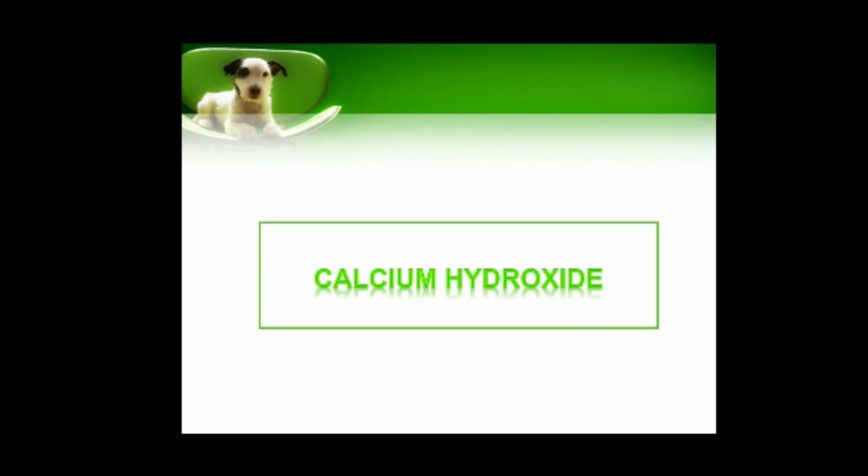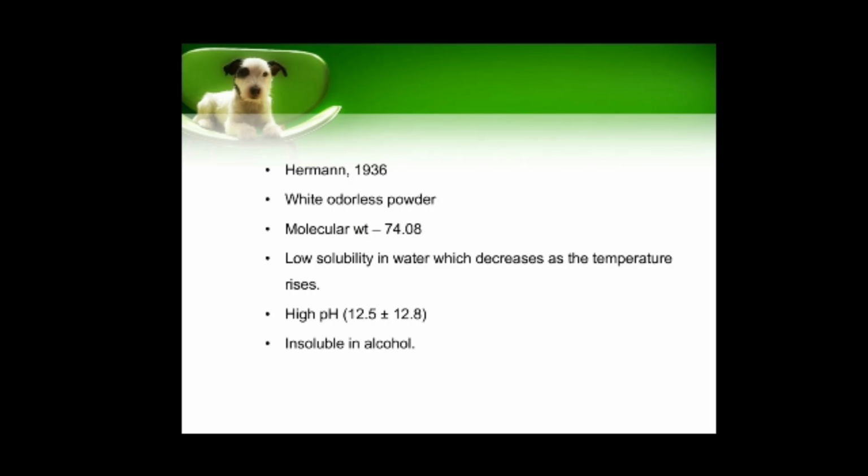Lime, calcium hydroxide. It was first introduced in dentistry by Hermann in the year 1936. It is a white colored odorless powder with a molecular weight of 74.08. It has low solubility in water which decreases as the temperature rises. Thus, it will have a high pH in the range of about 12.5 to 12.8.